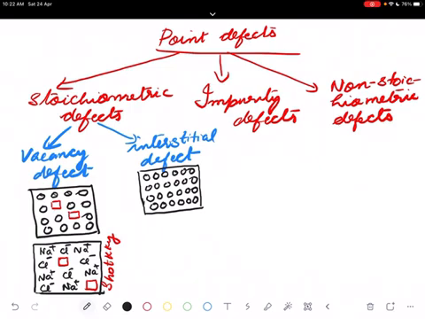Now what happens when some of the constituent particles occupy the interstitial site.